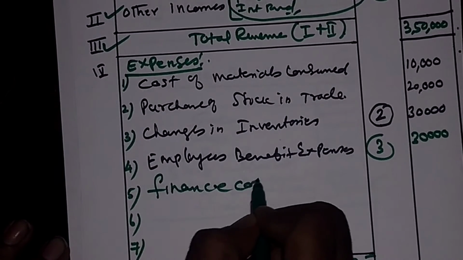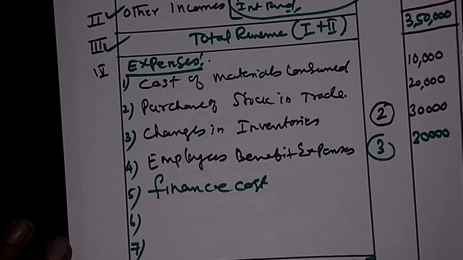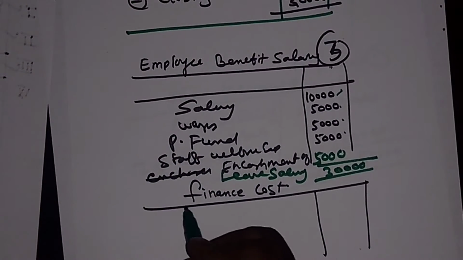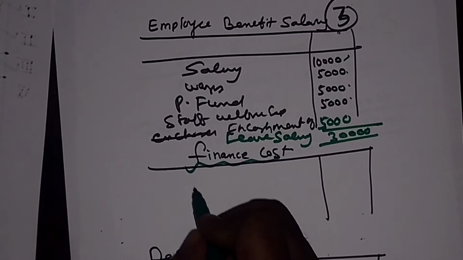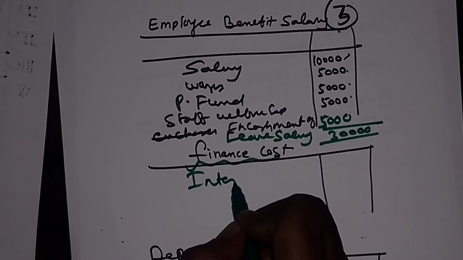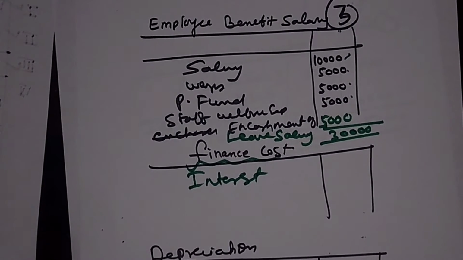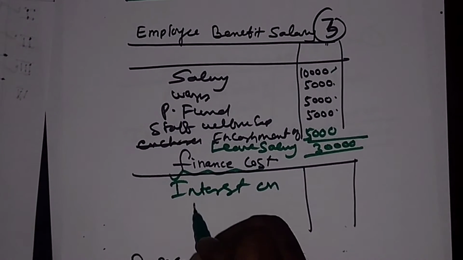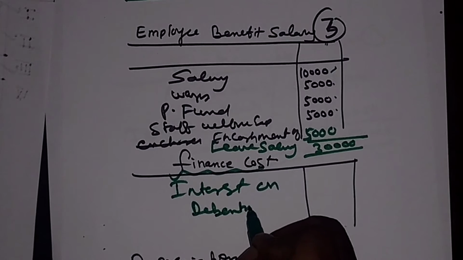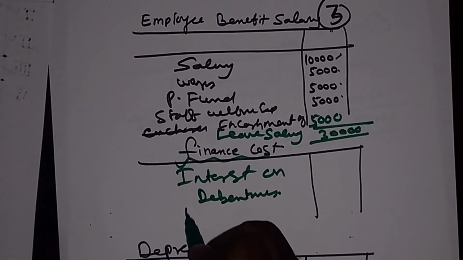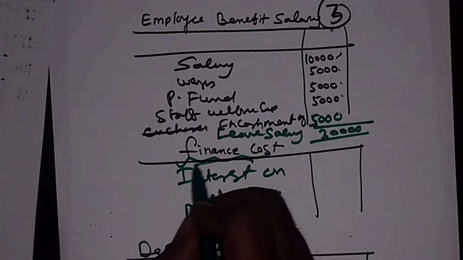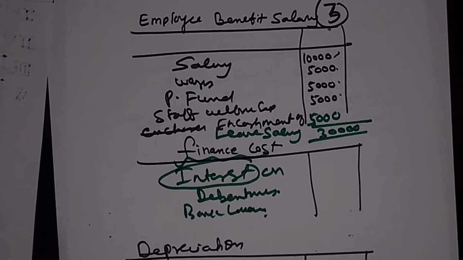Serial number 5, finance cost. What is this finance cost? Let me show it on the back side. You see, finance cost is very simple to understand. As per this chapter you will get interest on debentures, bank loan or any other loans, but finance cost means interest.